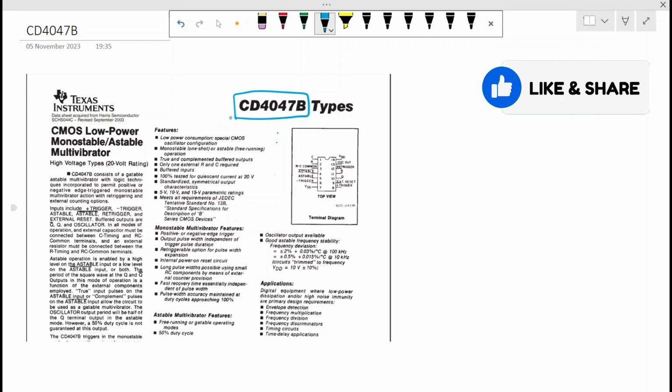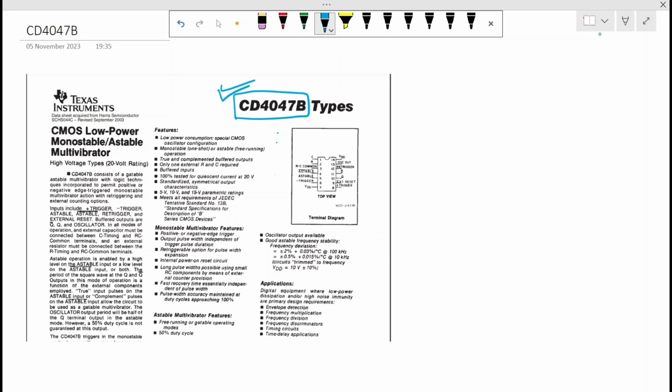If you search on Google, many types of inverters designed with the help of this IC are available. This is also a very good IC. I also used the same IC when I designed my first inverter. It was working very fine. But that was a high frequency inverter, not a 50 hertz inverter.